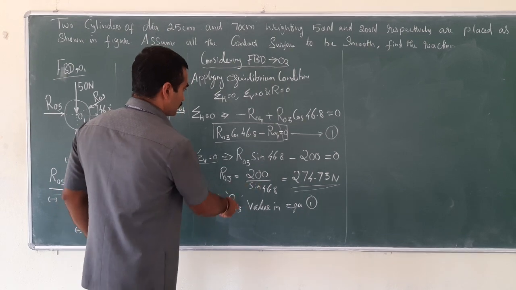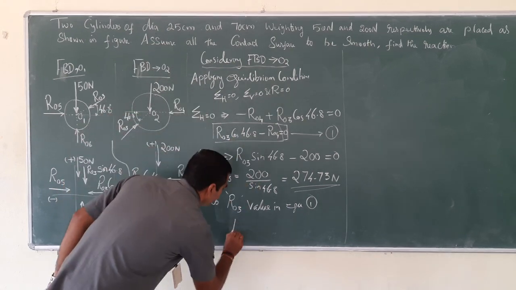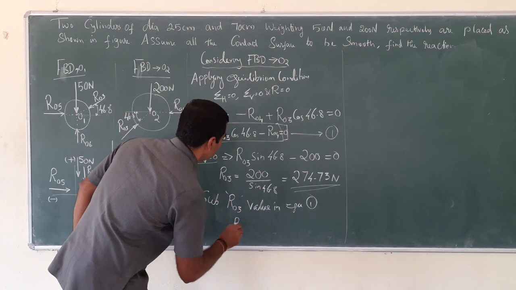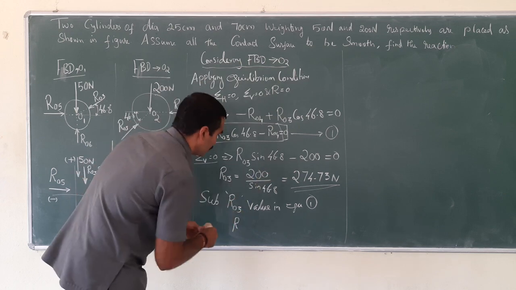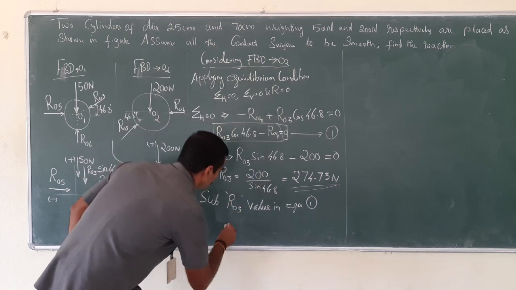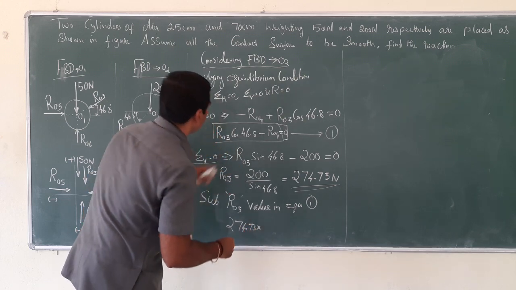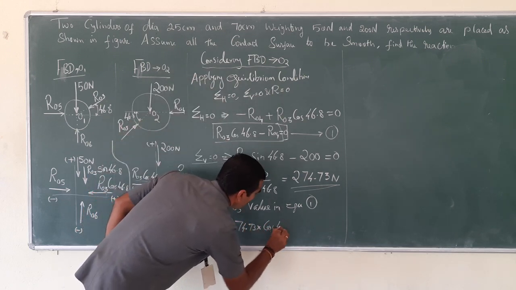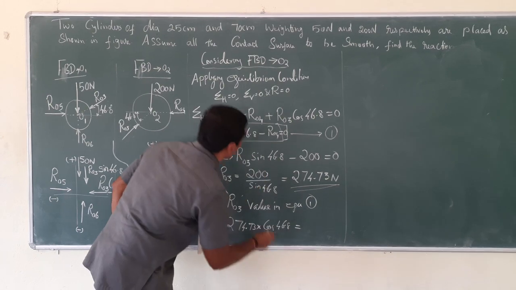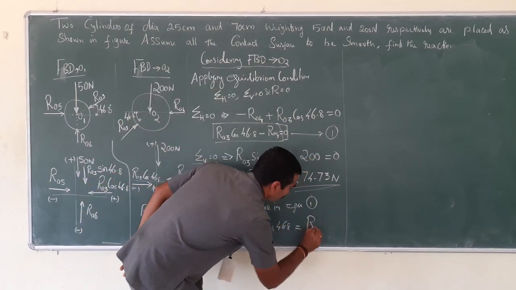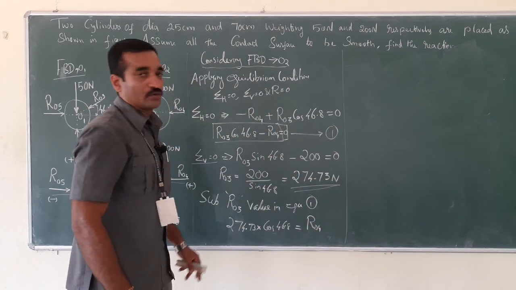So you substitute all these values, then you will get R03 is 274.73 into cos 46.8 equal to, when you take the right hand side, this would be R04.